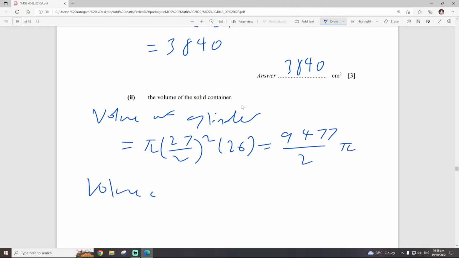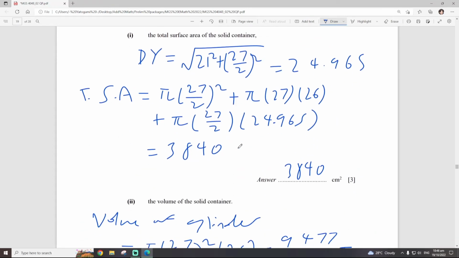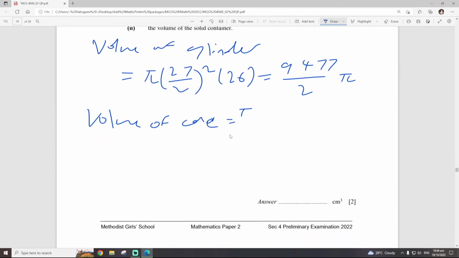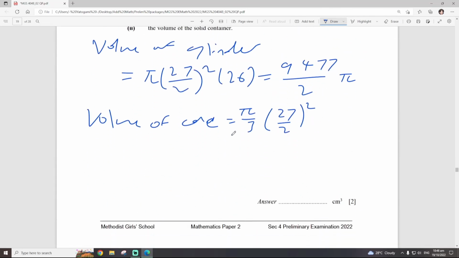Volume of cone, this will be 1/3 pi r squared h, so pi over 3, the radius is still 27 over 2 squared, is it? Yeah. And then the height is 21. So you will get 5103 over 4 pi.